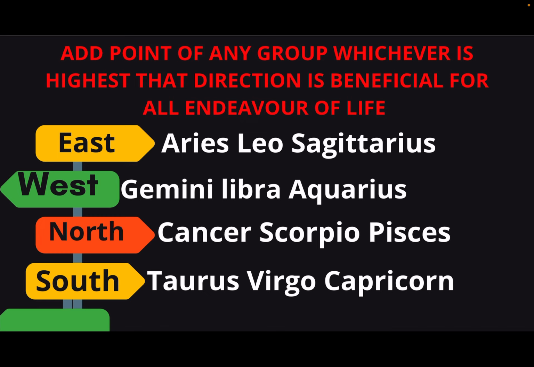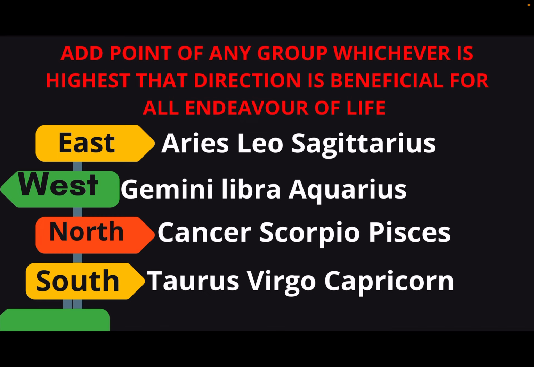Now, the technique is we have to add the points of all the groups, 3 each. Like for East, we have to add the Aries, Leo, Sagittarius Sarvashtakvarga points. Similarly, we can have 4 groups.